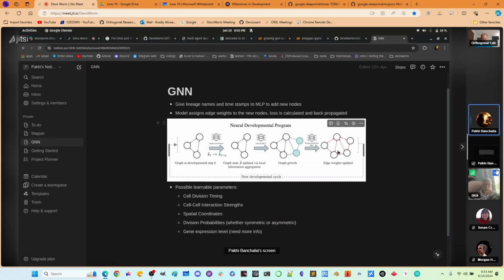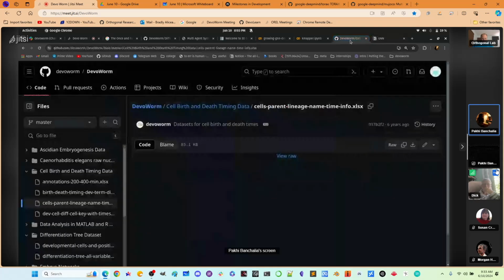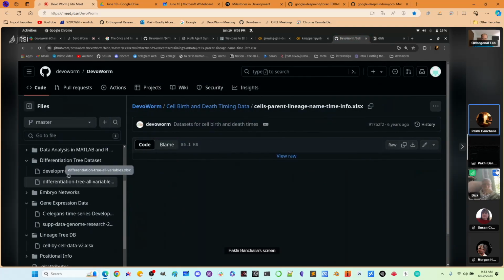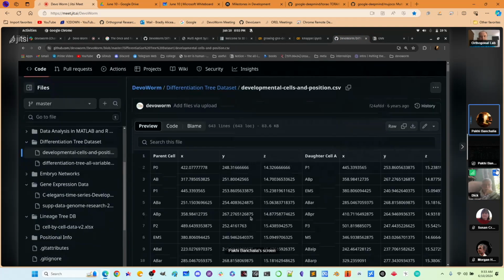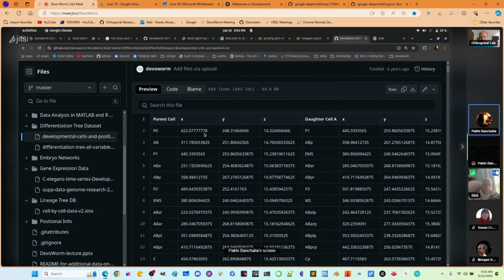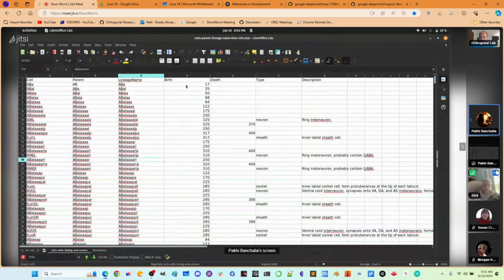So in the DevoWorm repository, I came across a few datasets. One has the coordinates, and this dataset has birth and death timings of various cells.